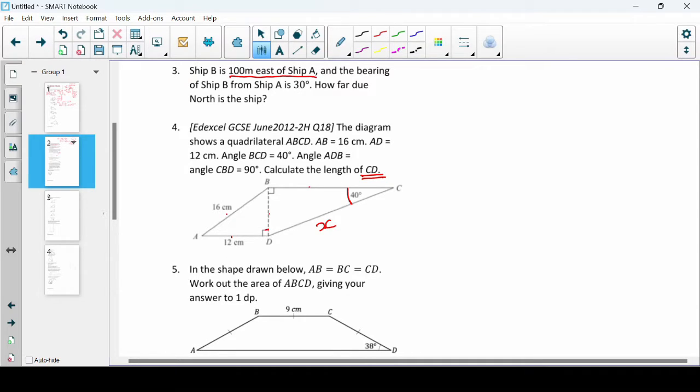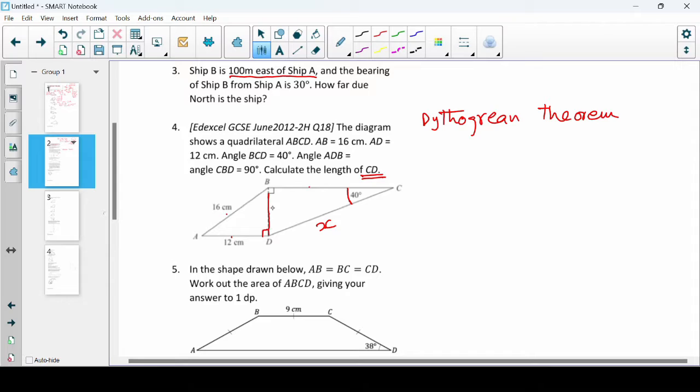So if it's a right angle triangle and two sides are given, we can use the Pythagorean theorem to find the missing side, this one.